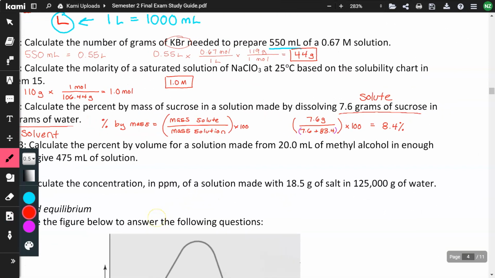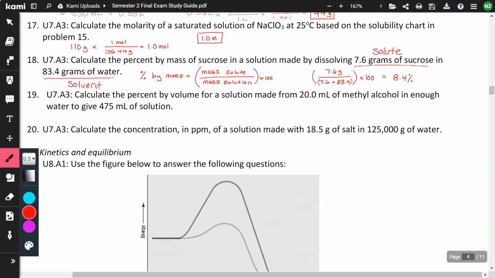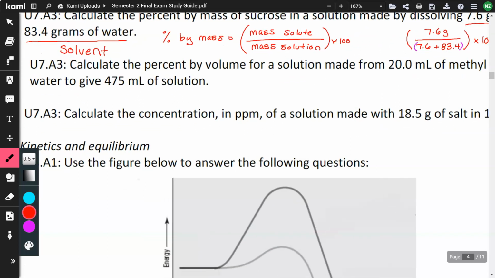All right, so let's take a look at 19. 19 says, calculate the percent by volume for a solution made from 20 milliliters of methyl alcohol in enough water to give 475 milliliters of solution. So here they're giving us the volume of the solution. The methyl alcohol would be your solute.